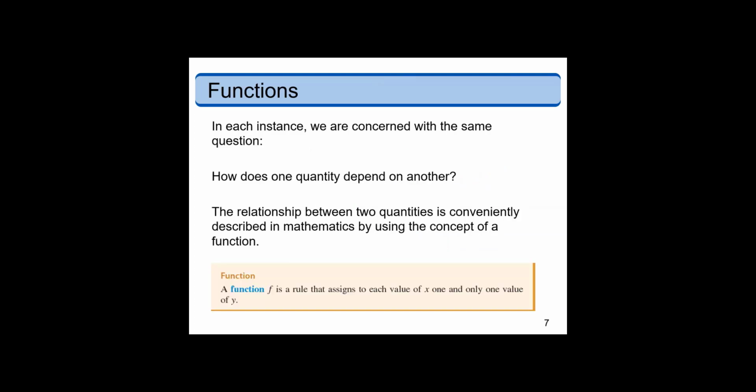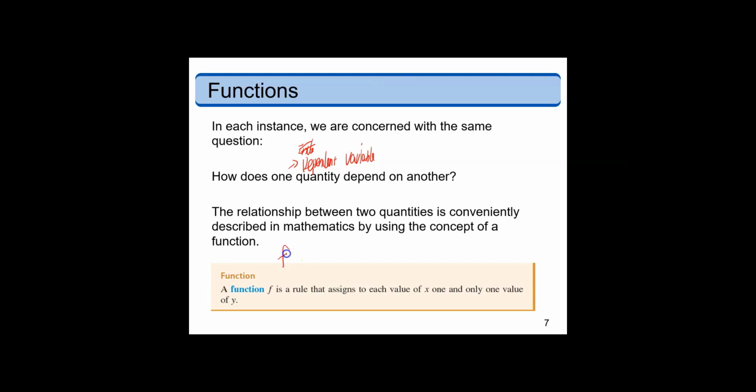Now, in each case, we are concerned with the same question: how does one quantity depend on another one? And this one quantity is called an independent variable, and the other quantity is called the dependent variable. The relationship between two quantities is conveniently described in mathematics by using the concept of function. A function is a rule that assigns to each value of x only one value of y.